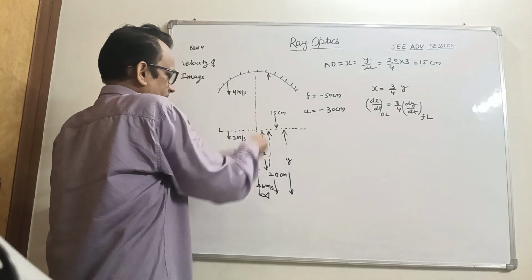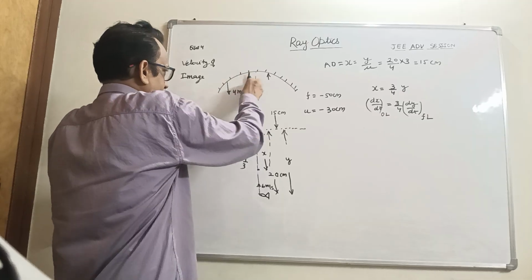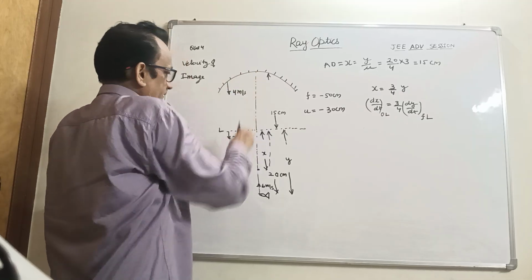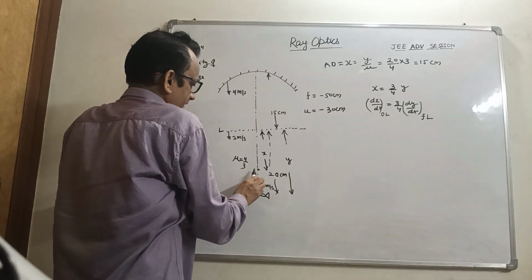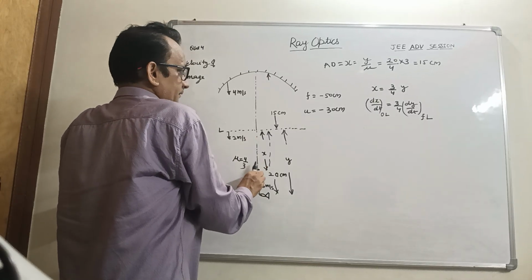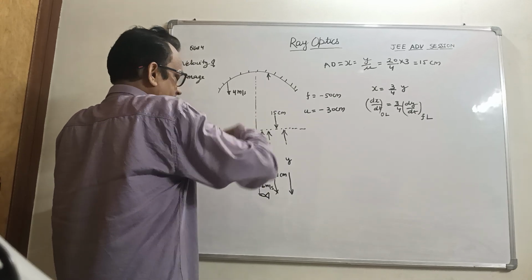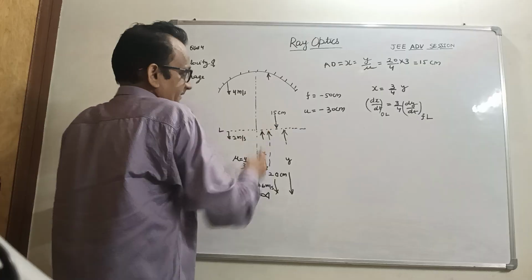Water level is going down, while the fish is moving up. Mirror is moving down, and we have to find the velocity of object, and thereafter we find the velocity of image.